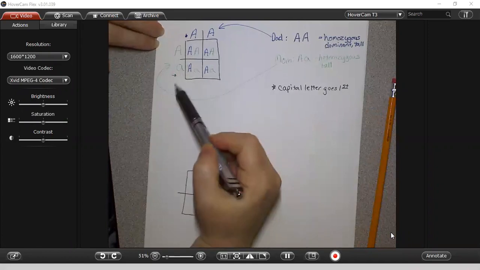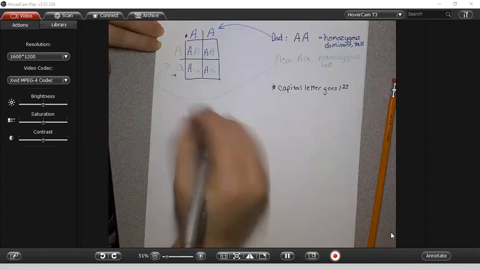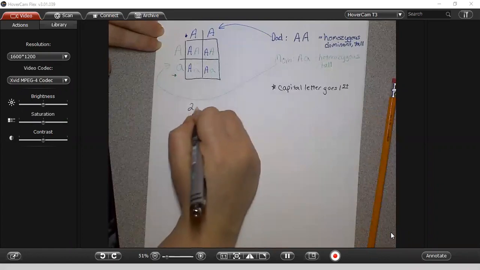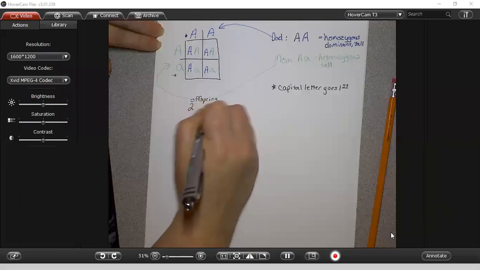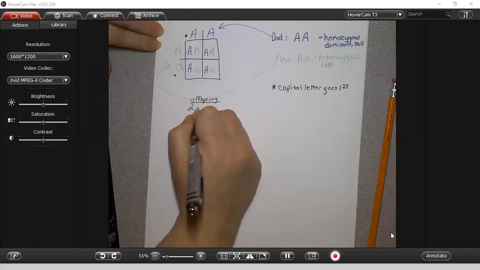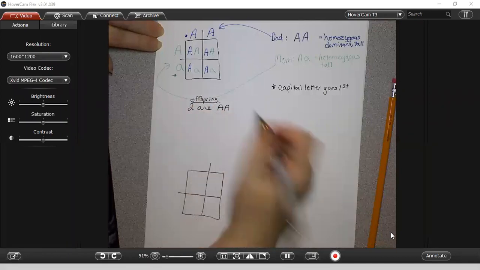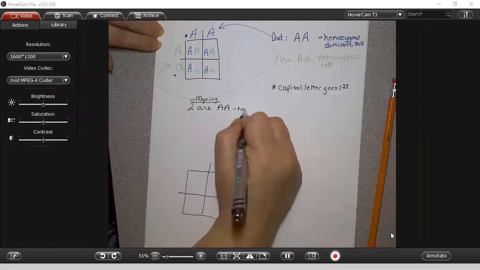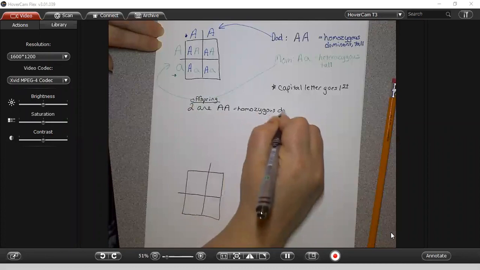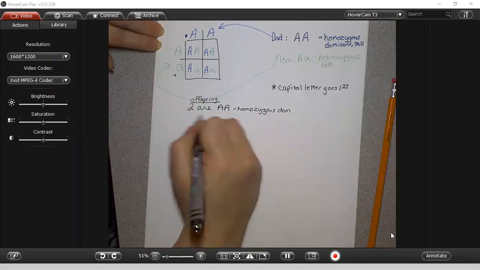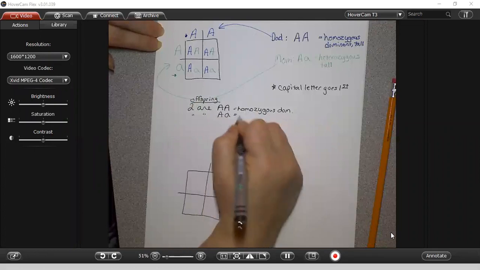So you're looking at this, you now have 4 offspring. 2 offspring have 2 capital A's. So they are homozygous dominant. 2 are 1 of each.